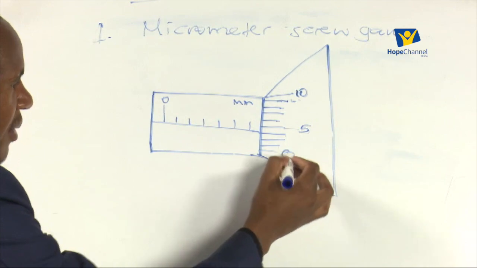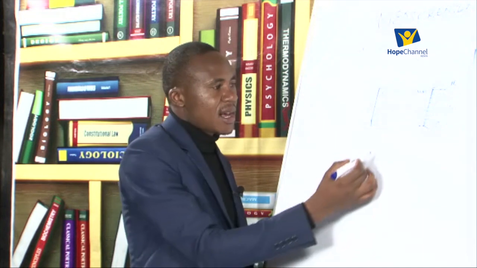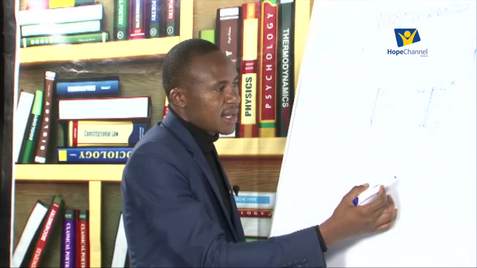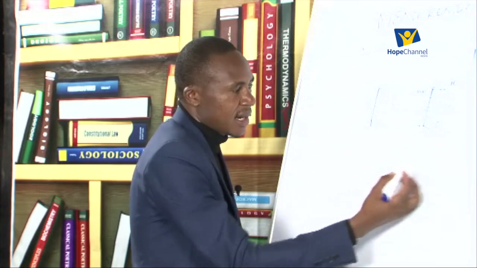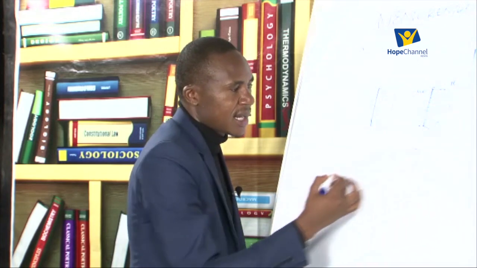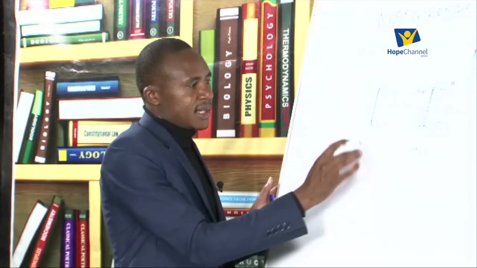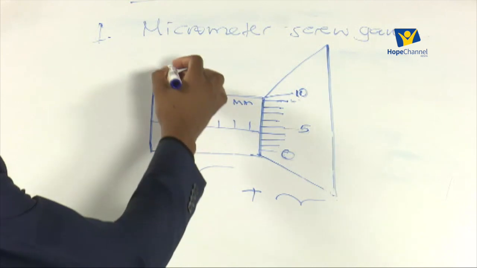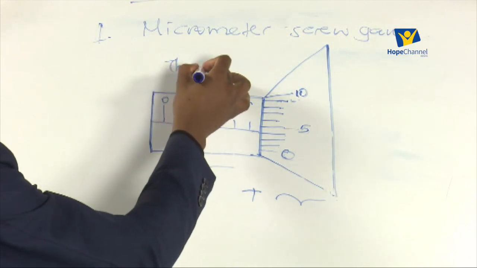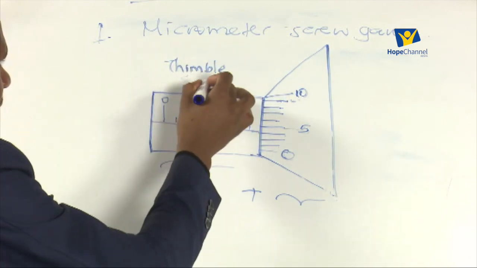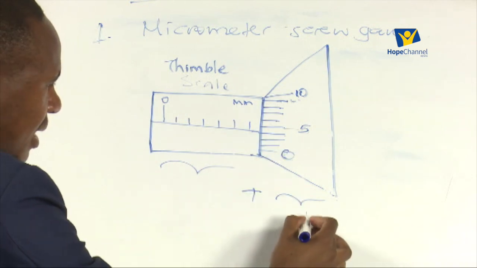Now, for us to get the reading shown by the micrometer screw gauge, we take the summation of the two scales. We read this scale that is straight. We also take the reading of the second scale. We do a summation, then it gives us the total reading displayed by the micrometer screw gauge. Now, this scale which is straight is called the thimble scale, and the one which is circular on the other side is called the sleeve scale.